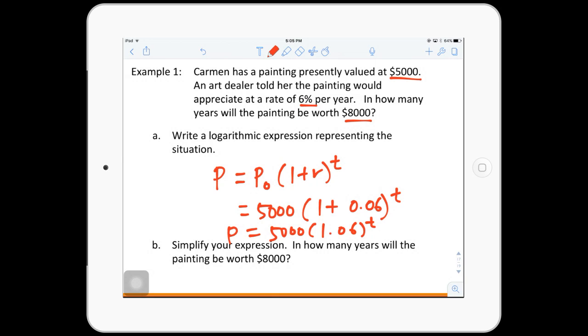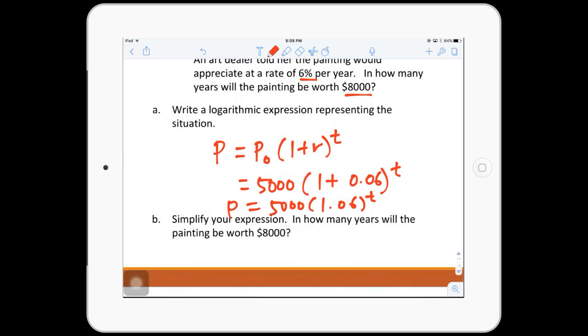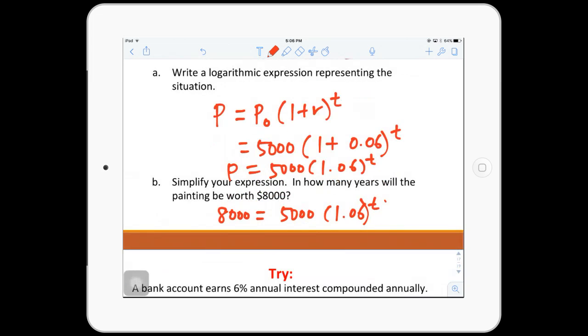Part B says, simplify your expression. In how many years will the painting be worth 8,000? So now we are being asked to set the desired value at 8,000. So we're going to let P equal 8,000, which equals 5,000 times 1.06 to the t. We are going to solve for t to find out how long it will take to get that value.